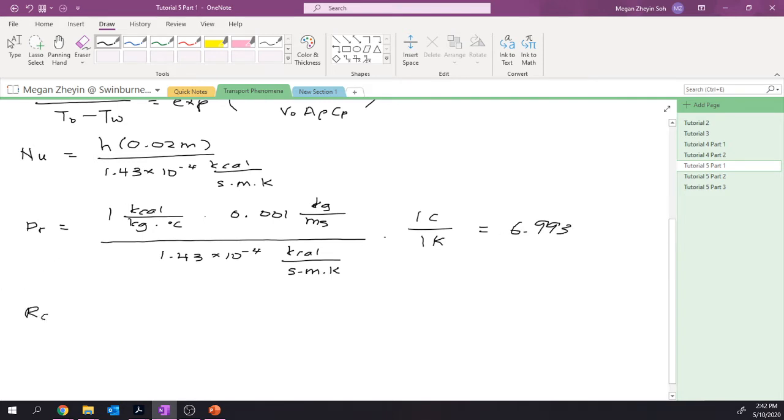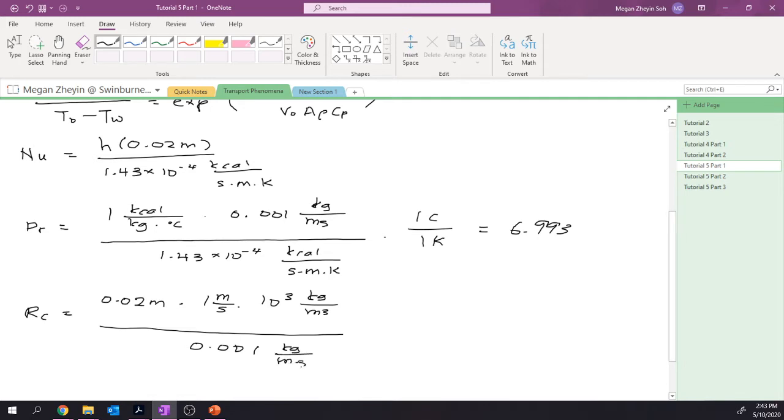Whereas the Reynolds number is the diameter, velocity times the density divided by mu, which is 0.02 meter multiplied by 1 meter per second multiplied by 10 to the power of 3 kg per meter cube, and divided by 0.001 kg per meter second.